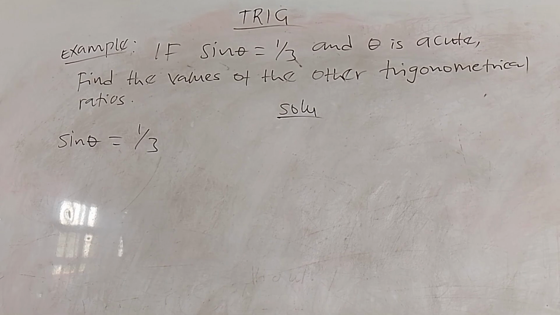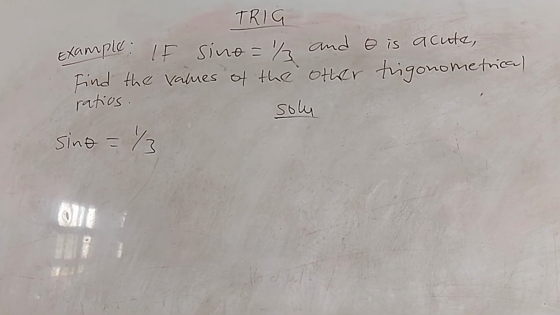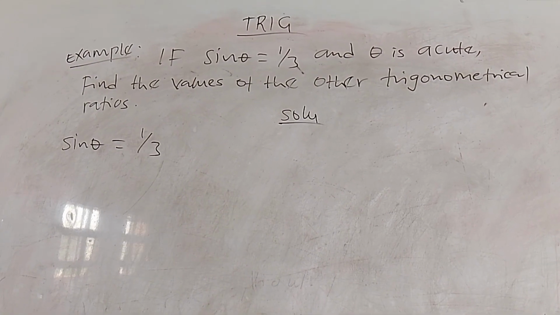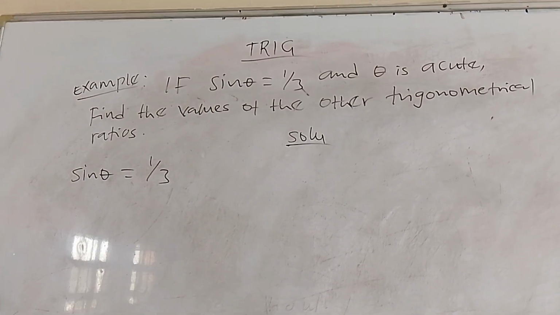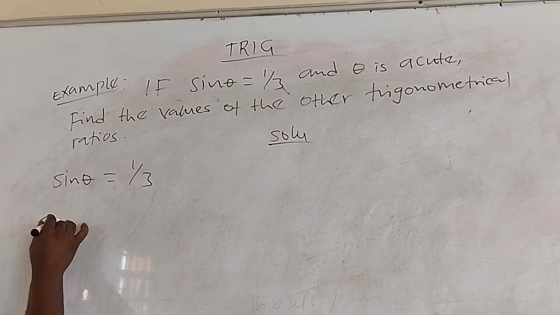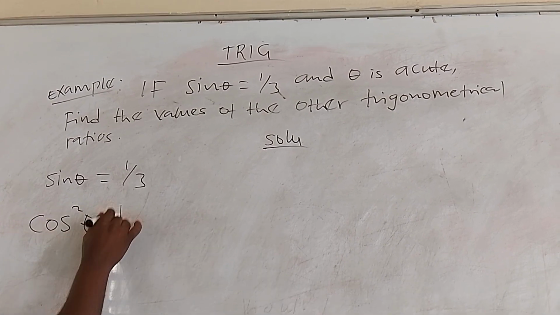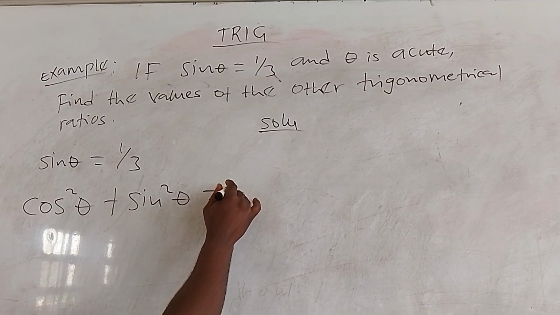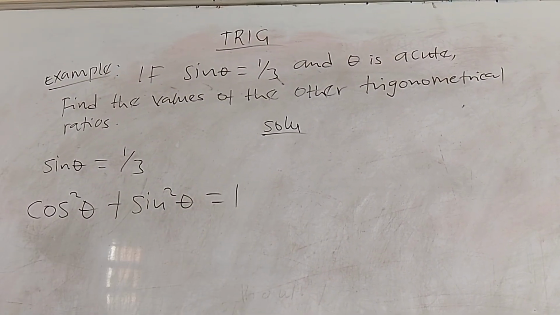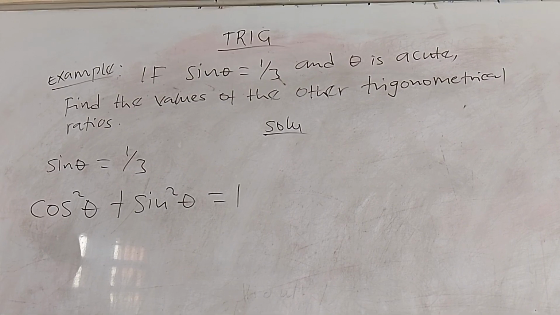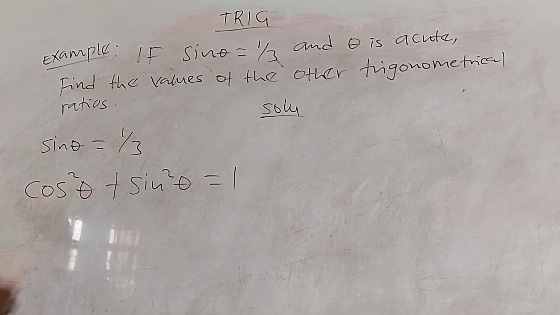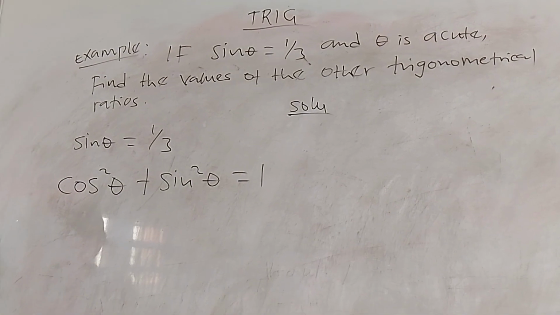In the other video, we were able to prove one identity, and the one we proved is cos square theta plus sin square theta is equal to what? 1. Okay. So, how can we find the other trigonometrical ratios?